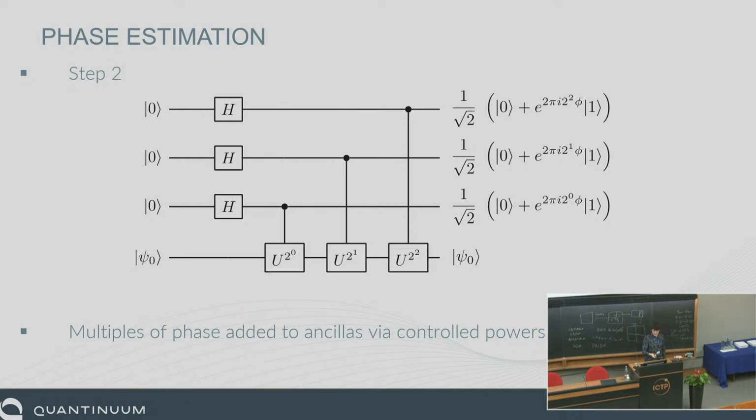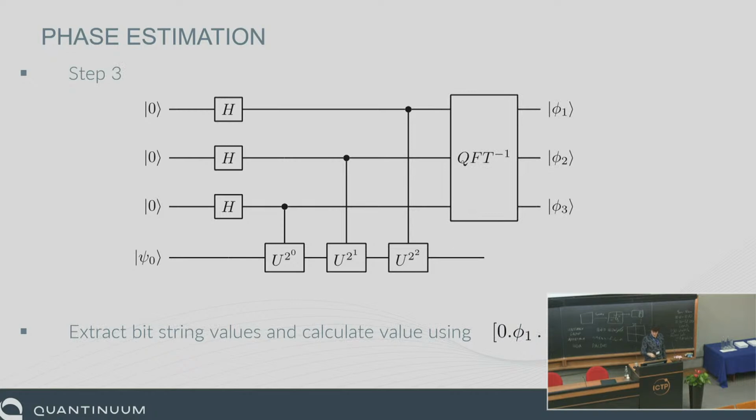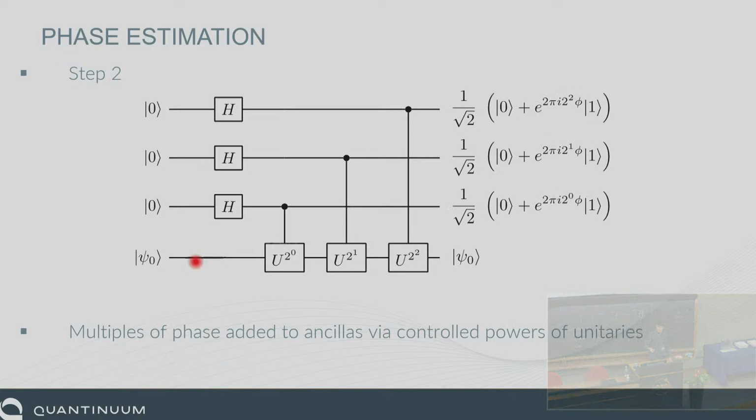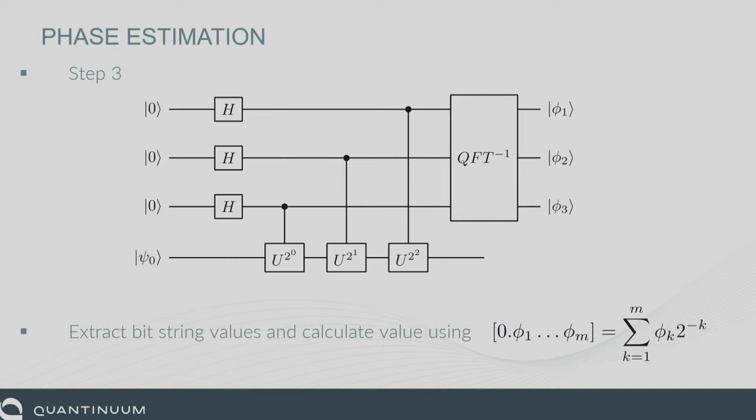And remember, this is an eigenstate here. Now we've got this Fourier basis here. We want to map out of the Fourier basis to get this phase. So we read out the phase from that, and then the phase can be extracted via this binary fraction equation here.